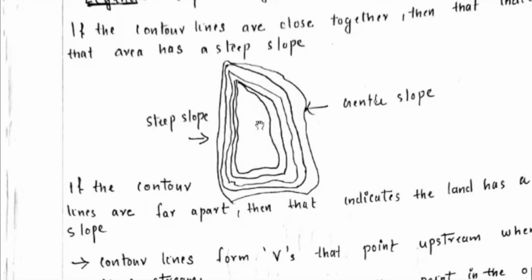But on the other side of this diagram, you can see the contour lines are placed a little farther apart compared to the previous side. So on this side, it will be a gentle slope. So by observing the closeness of contour lines, steep slope and gentle slope can be determined.